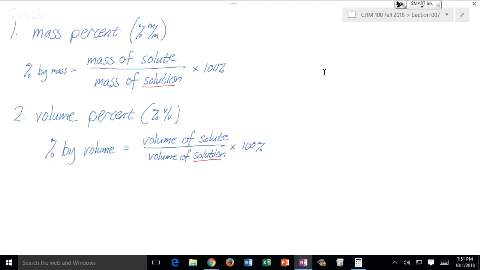And then the third type of percent is the one that's a little bit weird. It's kind of a hybrid of these.